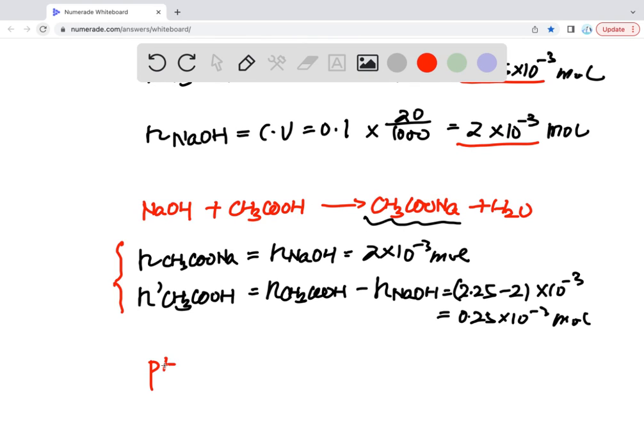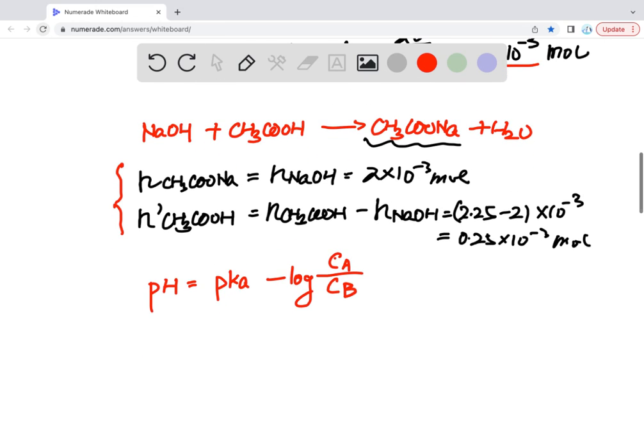Then the pH of the buffer equals the pKa of the conjugate acid minus log of the concentration of the conjugate acid over the concentration of the conjugate base. So let's just plug in: pKa is minus log Ka, and the Ka value given is 1.75 times 10 to the minus 5.